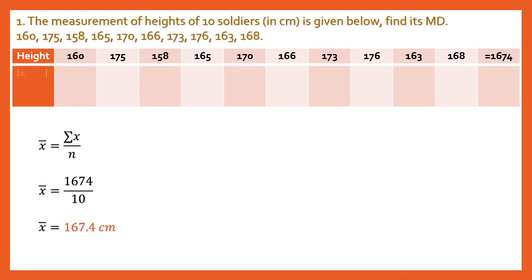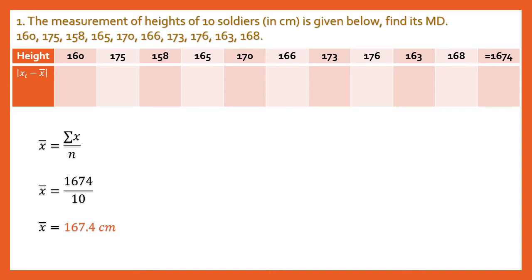Now next, I am going to calculate modulus xi minus x bar. This just means that from each and every value of observation, I am going to deduct 167.4, and whatever is the answer, I will write it down as a positive value.